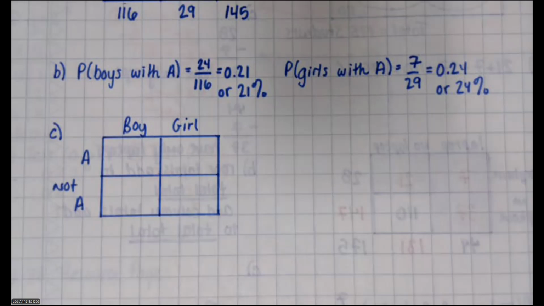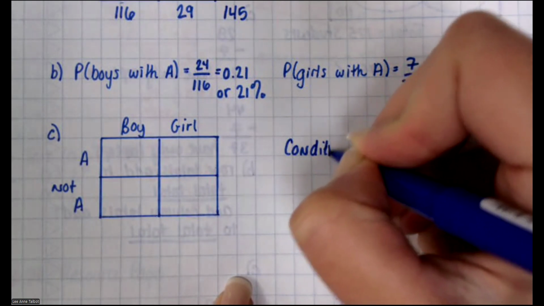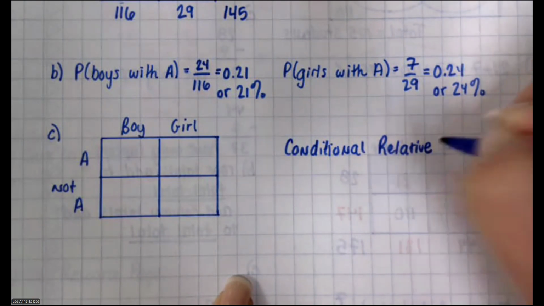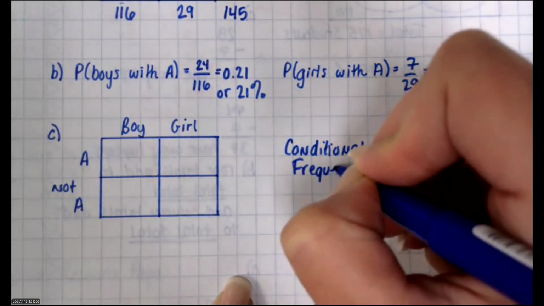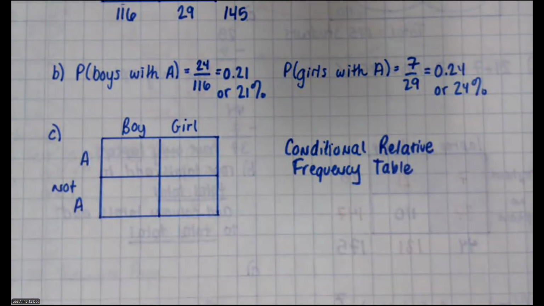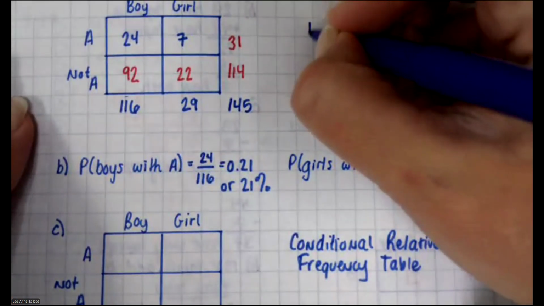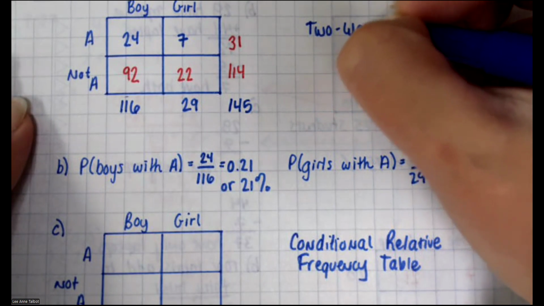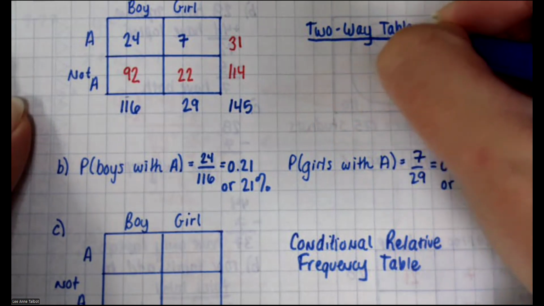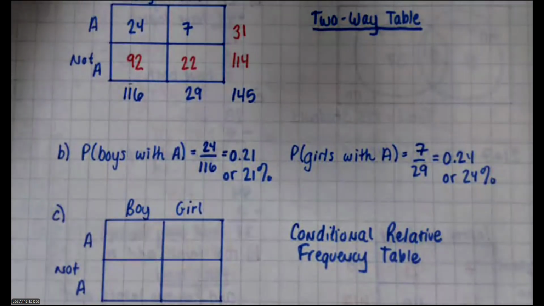Okay, last thing. This is called a conditional relative frequency table. Isn't that fancy? Okay, so this problem is called a two-way table. And this is called a conditional relative frequency table.